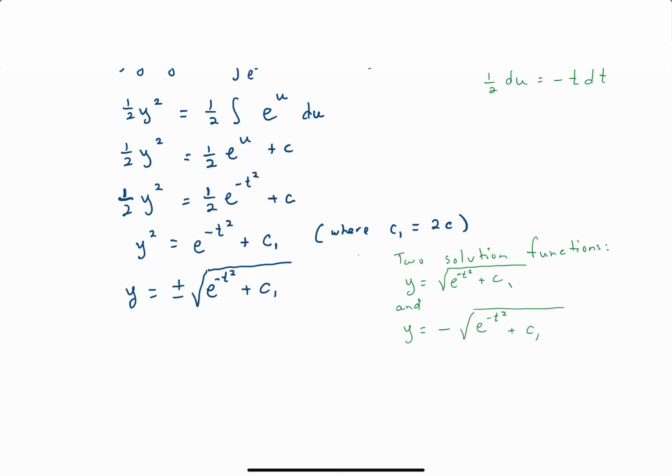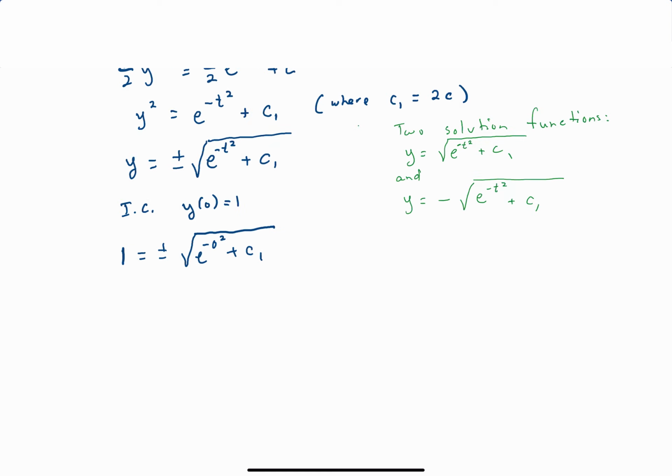Now we need to put in our initial condition. The initial condition, often abbreviated IC, was y of 0 equals 1. So that means I'm going to have 1 equals plus or minus the square root of e to the minus 0 squared plus c1.